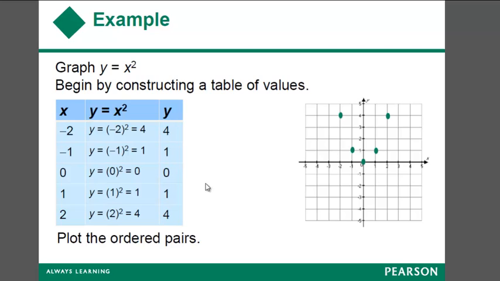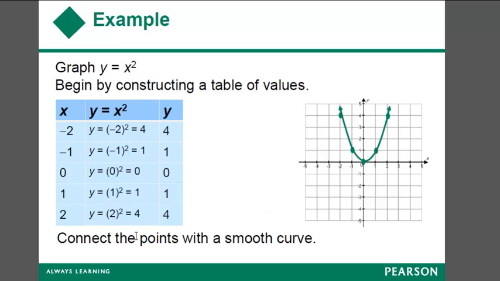My next step is to plot those points, as I have done here. Negative 2, 4, negative 1, 1, 0, 0, 1, 1, and 2, 4. My last step is to connect the points with a smooth curve, as shown. Let me just go ahead and say that anything with an x squared is going to be in this shape. It's what we call a parabola.